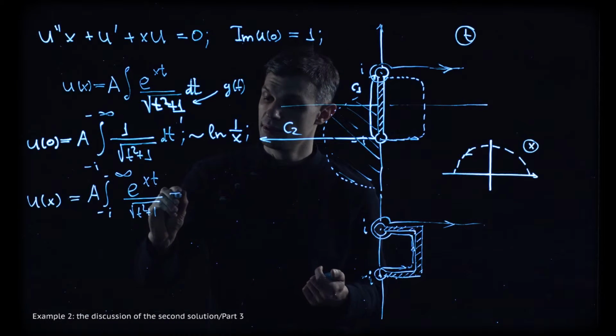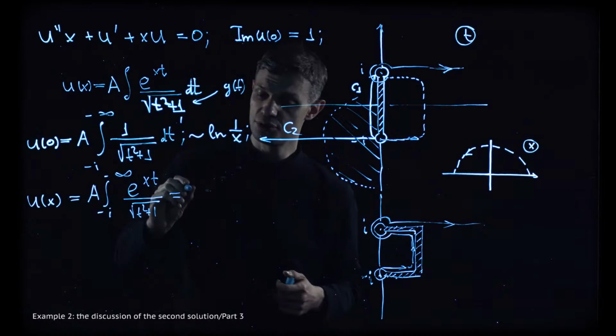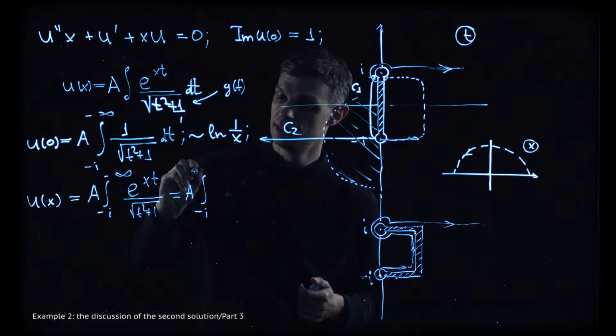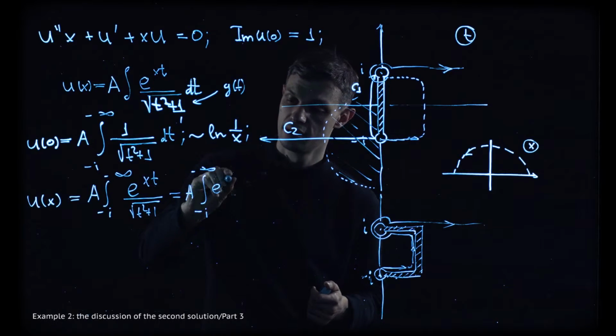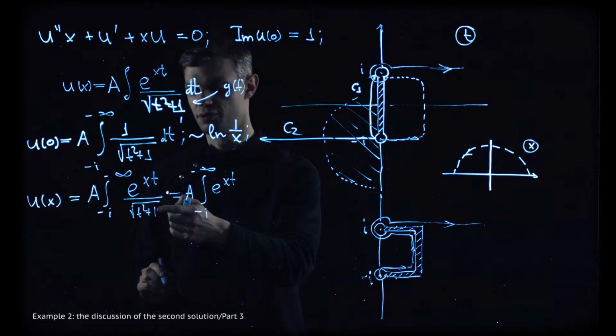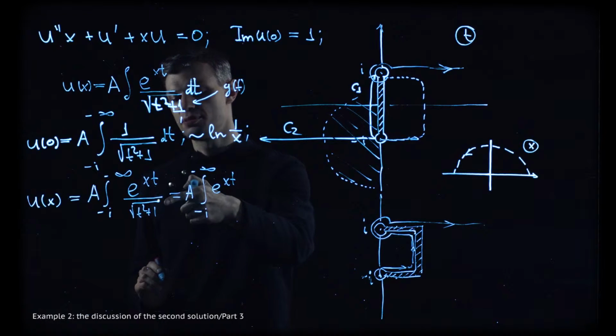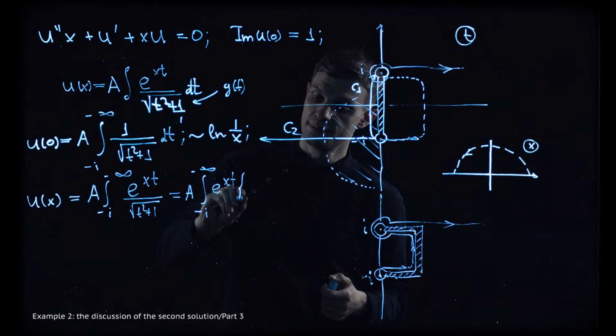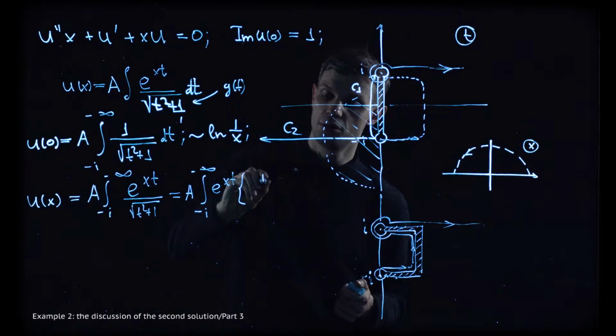So what we should always try to do when we try to find this kind of asymptotics is to simplify this function. For example, 1 over the square root of t squared plus 1, for large t, behaves like 1 over t. So let's make the following trick, which almost always works.